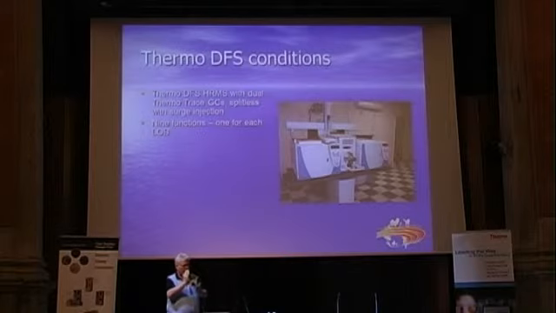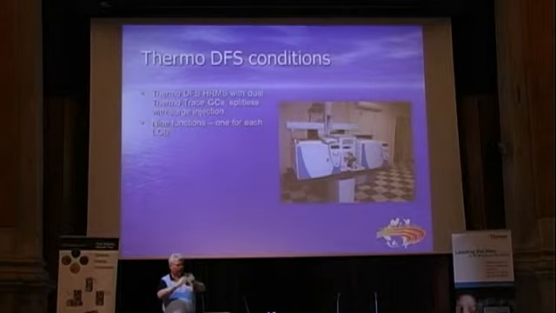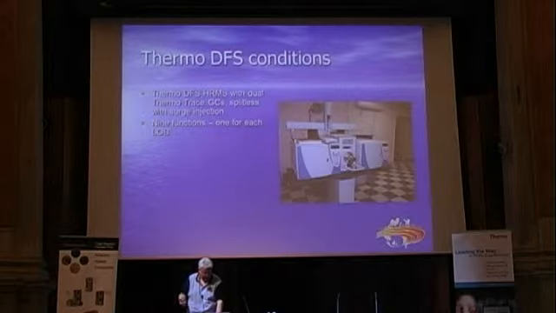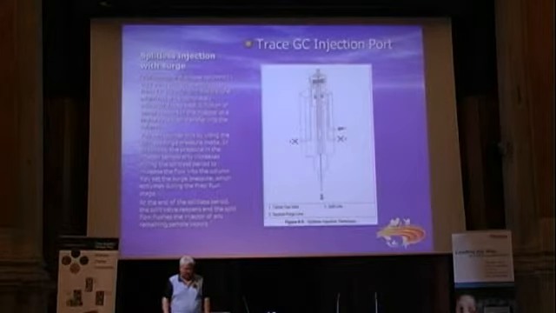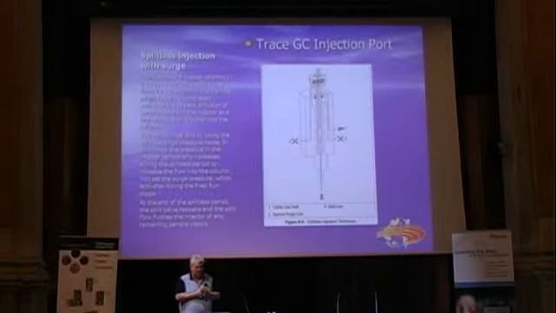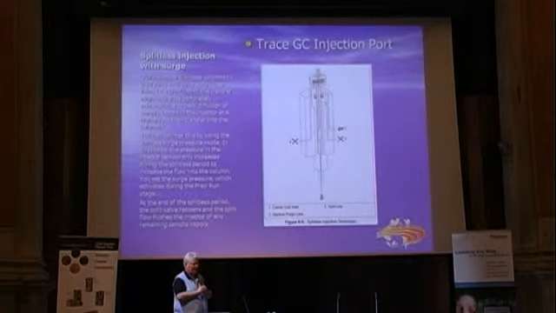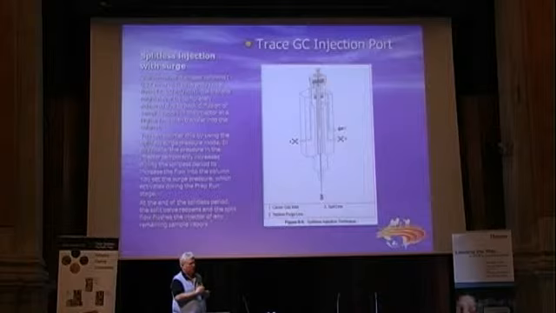So you can, where you finish looking at the monos, then you can start looking at the dis, then the tris, then the tetras. You don't have to overlap your congener groups. Gives you better sensitivity. We use a split-splitless injection, but we use it in a pulse pressure mode. We used to run just a standard split-splitless injection.